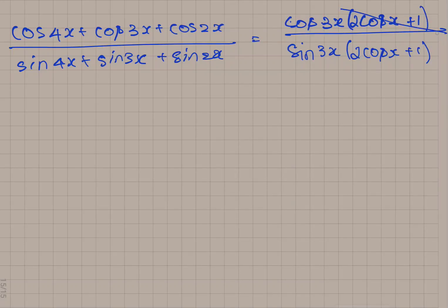Now we will cancel these terms. We get cos 3x upon sin 3x.